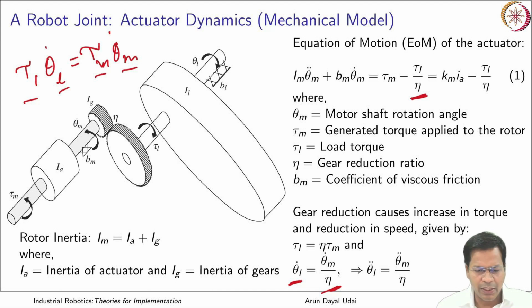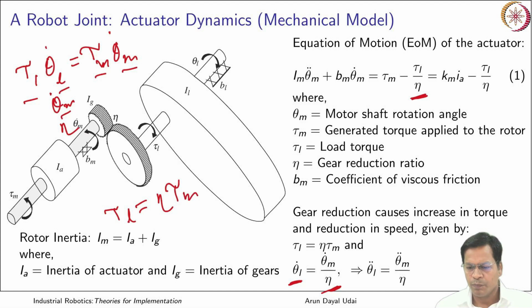So effectively tau L becomes equal to eta times tau M, which the tau M side will see if the rotor is static. But if it is moving, you see tau L by eta coming to the motor side of it as a reaction torque.